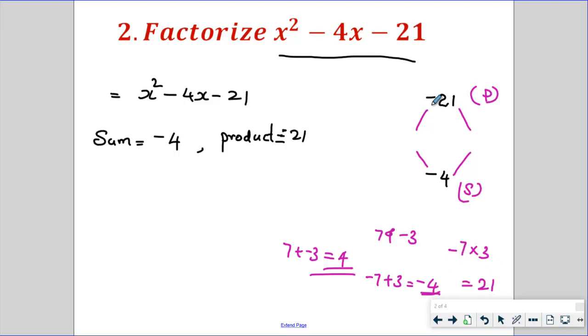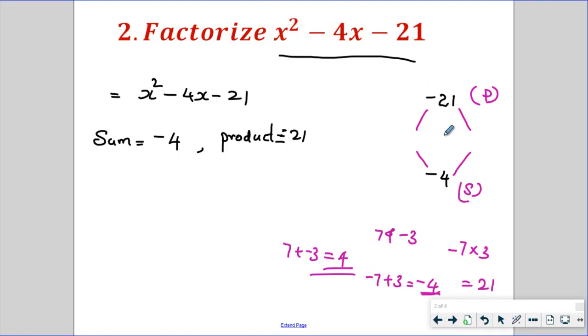If the product is positive, then either both numbers are positive or both are negative. Similarly, if the sum is negative, either both numbers are negative or the bigger number is negative. And if the sum is plus, both numbers should be plus. In that way, you have to find the factors.